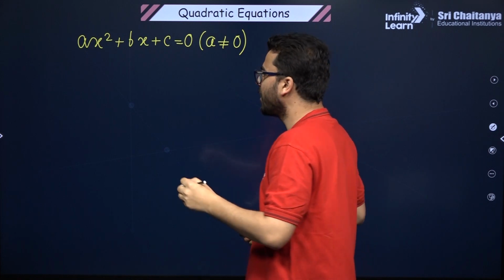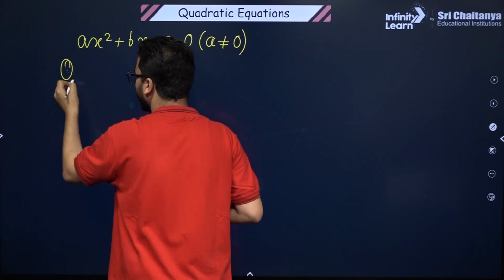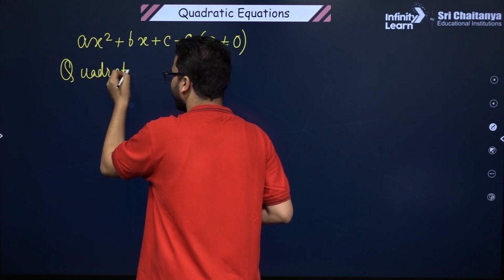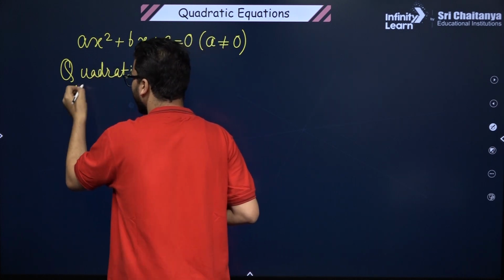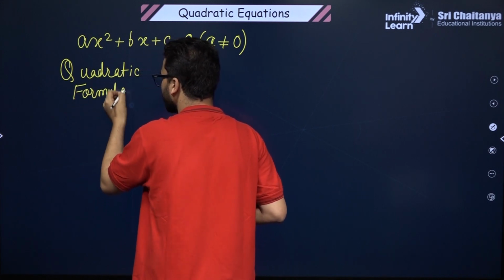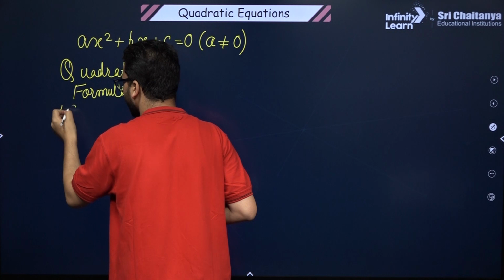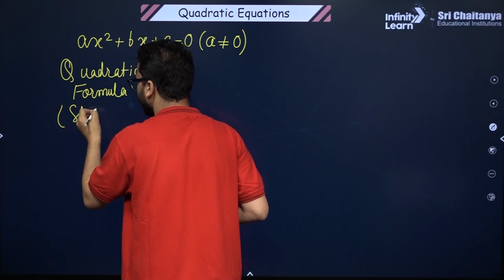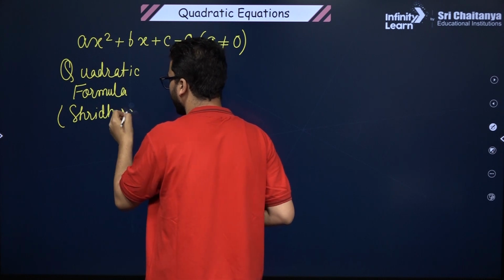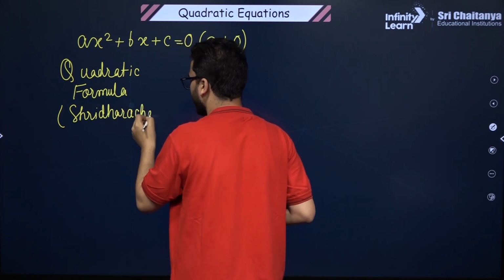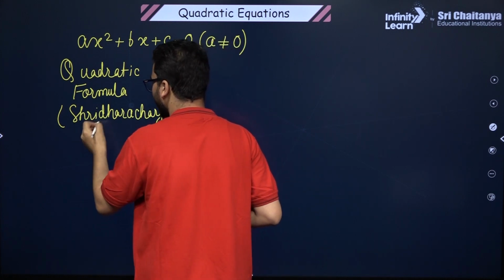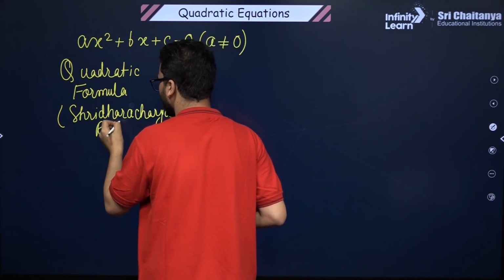So the first formula over here is the quadratic formula itself, which is also called the Sridharacharya's formula, Sridharacharya's rule, right?